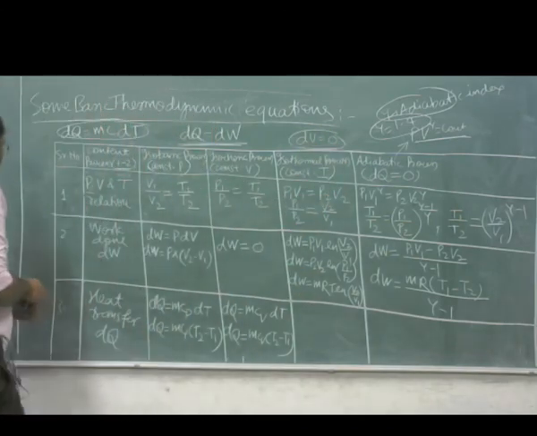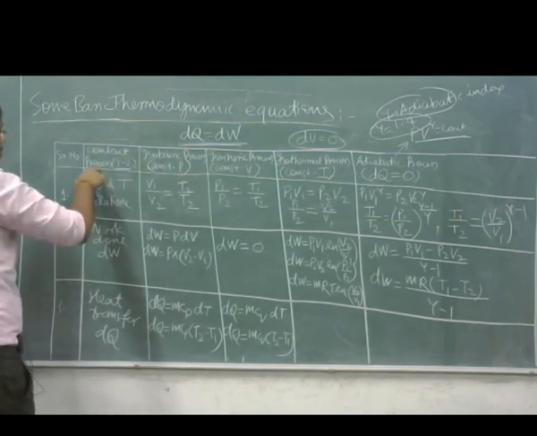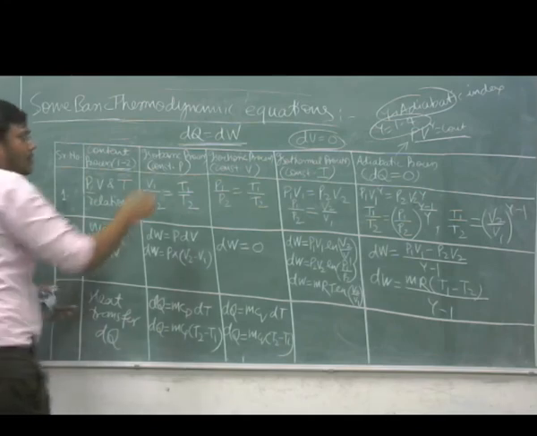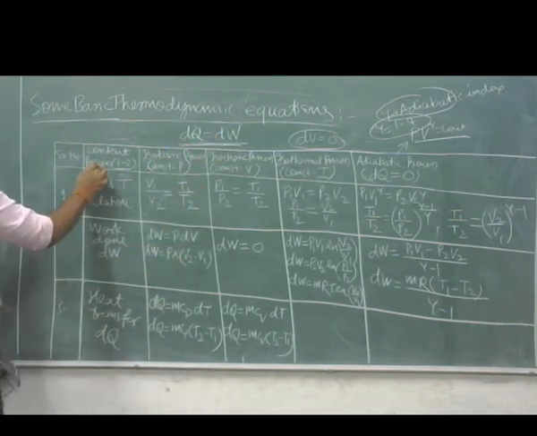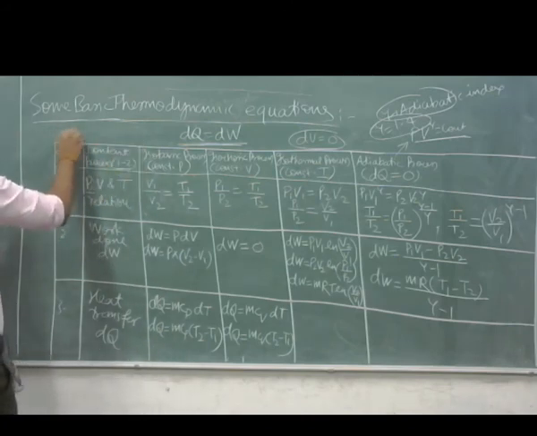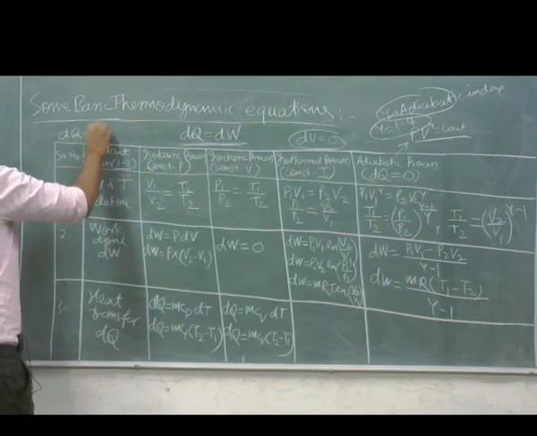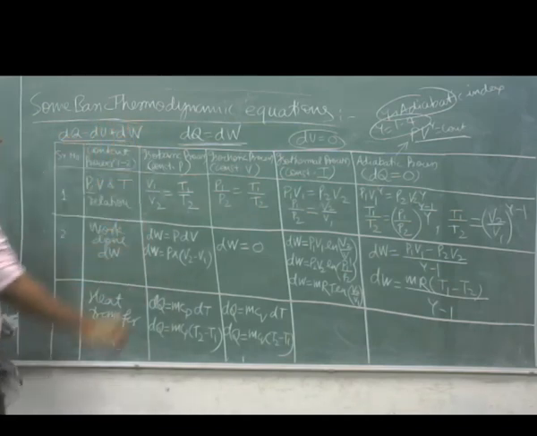And what was the first law of thermodynamics for process? We are talking about the process now. The earlier one is the first law of thermodynamics for cycle, but we are talking about the process. So the first law of thermodynamics for process is dQ is equal to dU plus dW.